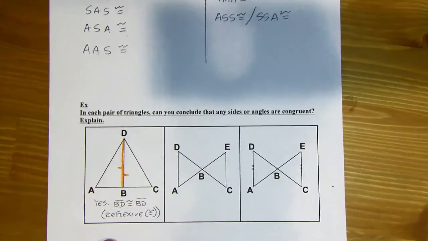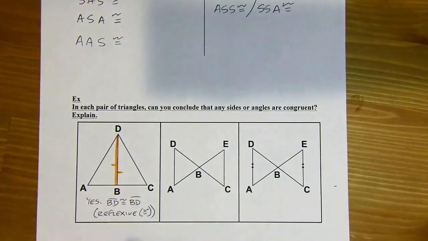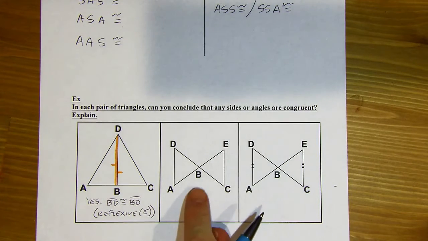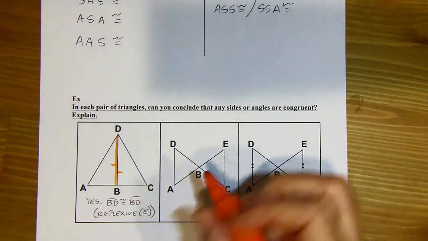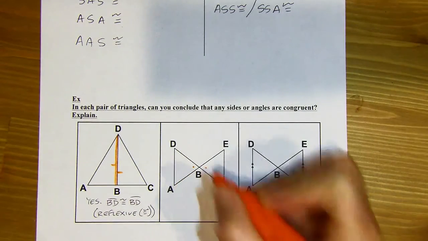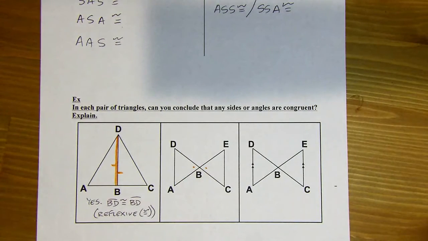So I'm trying to show you some very common scenarios here where you need to find either some sides or angles that aren't marked, okay? And next I've got my bow tie situation. Looks like a bow tie or an hourglass on its side, right? And what we have here, this angle and this angle are going to be congruent because they're vertical angles.